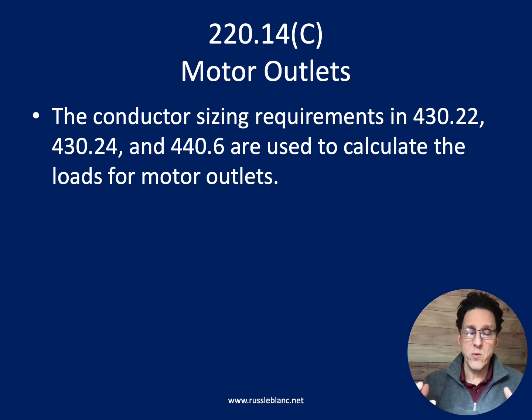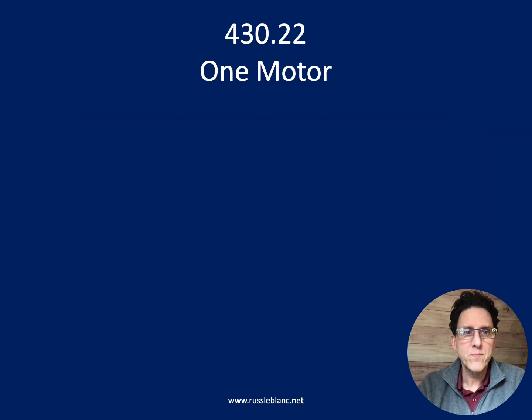So essentially what we're going to do is perform the load calculation as if we were sizing wires for these motors and these motor operated appliances and these air conditioners. That's how we perform the load calculations.